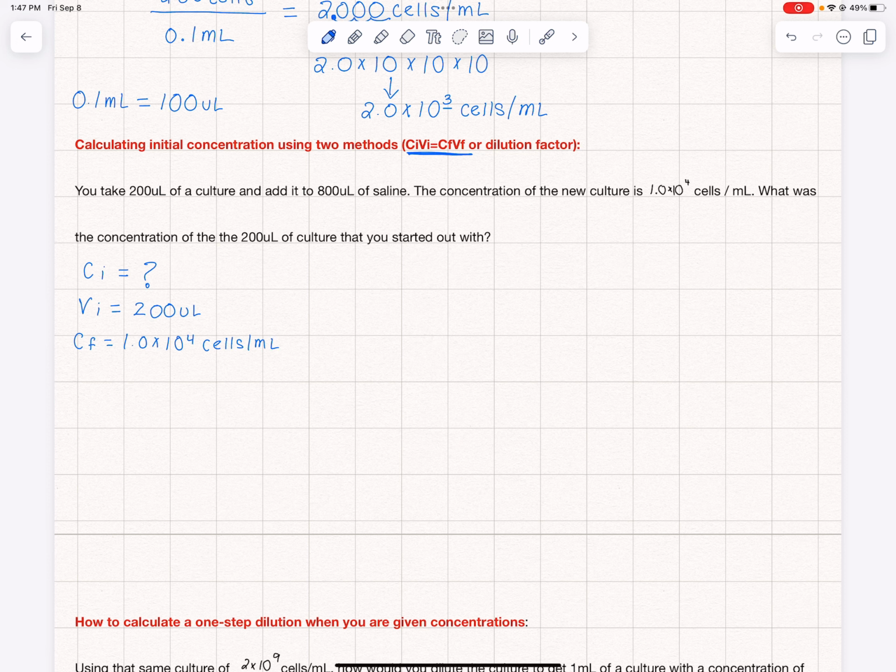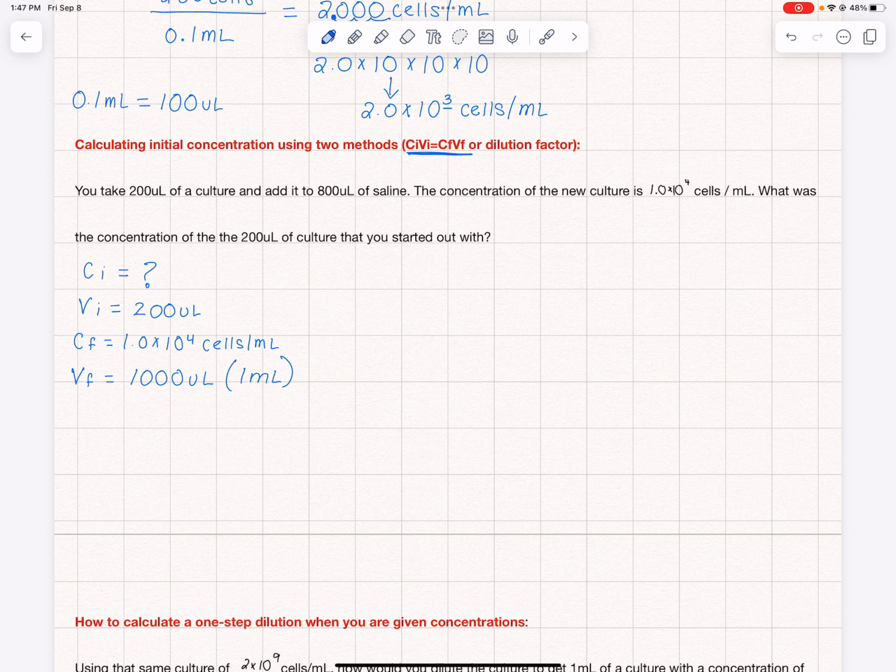And then finally, we know what our final volume was, and we have to do a little bit of math, but because we know we started out with 200 microliters and we added that to 800 microliters, our final volume will be 1,000 microliters, but we also know that that's the same thing as saying 1 milliliter.